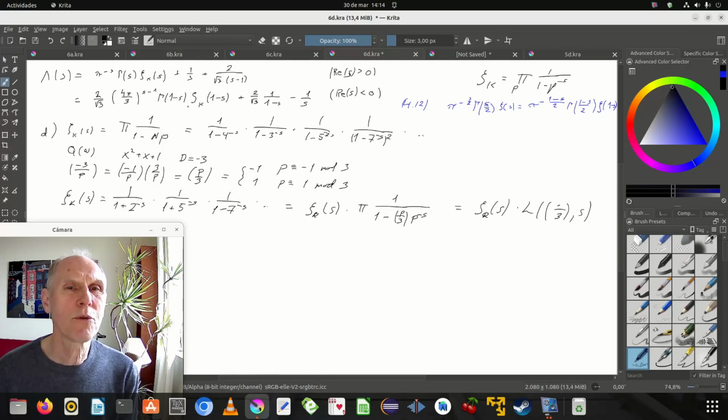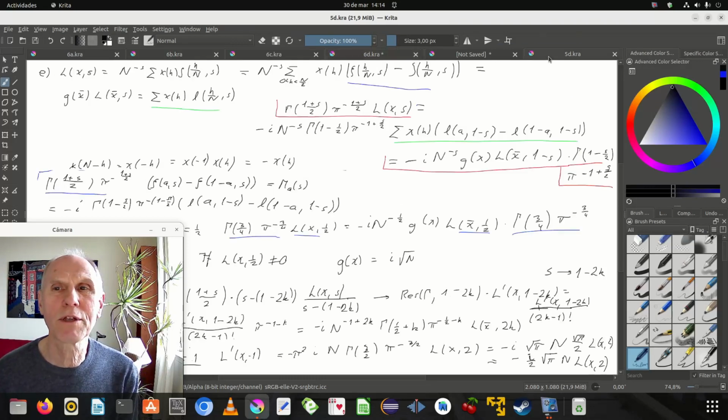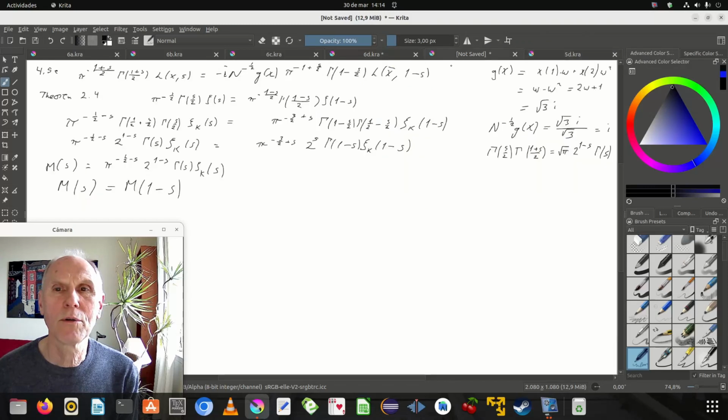Particularly this square root 3 annoys me, because there's not much square root 3 here. So can we get away with that?